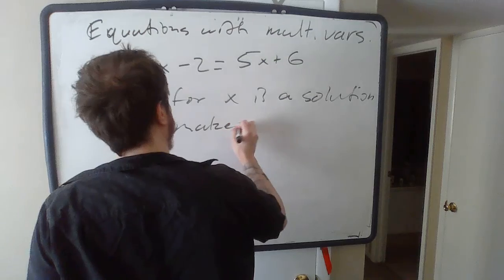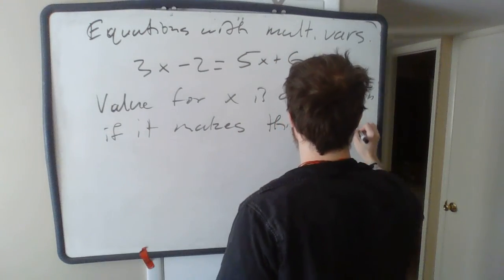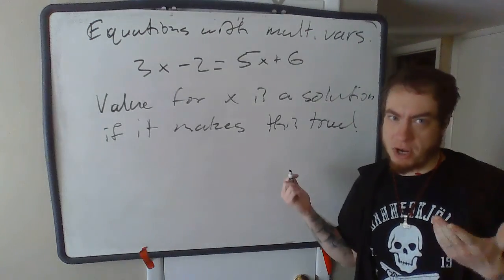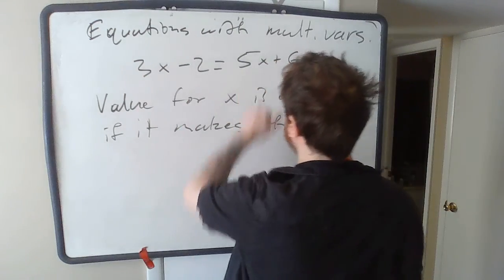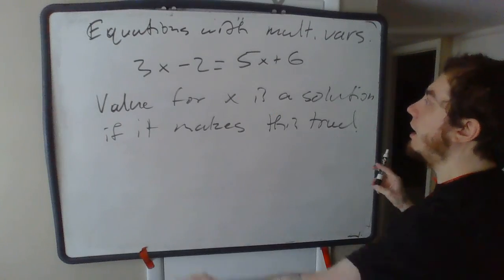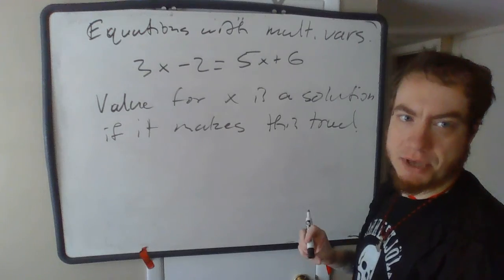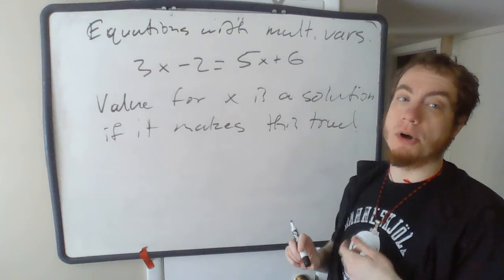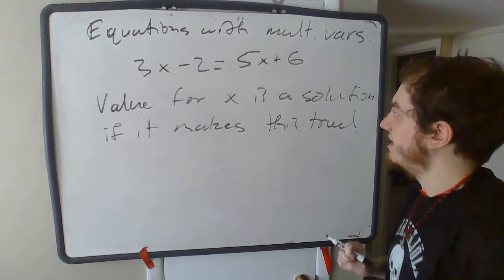So give me a second to write this down. Not that this is anything new, we've talked about this before. And how do you find this? Well, the idea is that you rework this equation by adding or subtracting the same thing on both sides, or multiplying or dividing by the same thing on both sides until you can isolate the x.